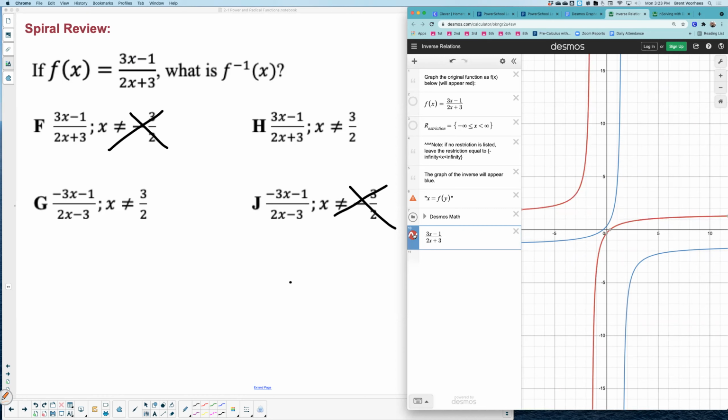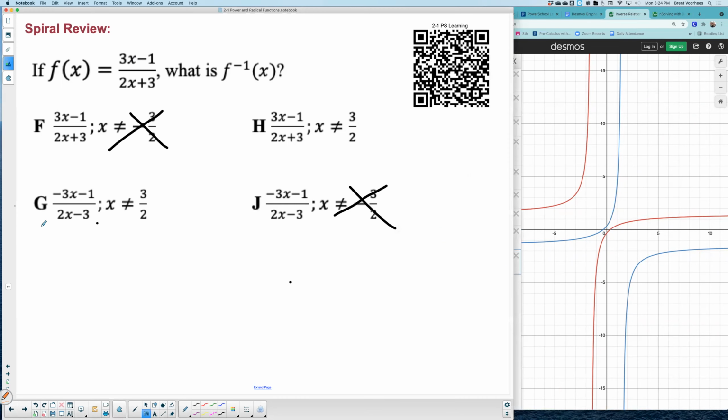And that just covered up the original, but I'm looking for the blue. So it's not going to be that one. It must be this one. Let's check this one out. Negative 3x minus 1 over 2x minus 3. Notice this graph highlights the inverse. So that is the correct answer here. The answer is G, not H.